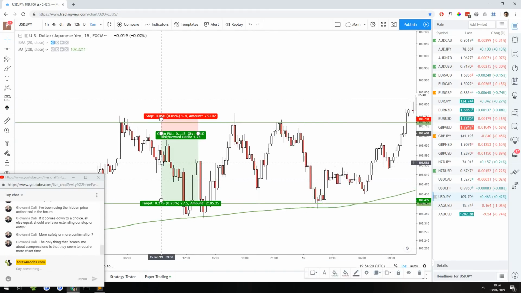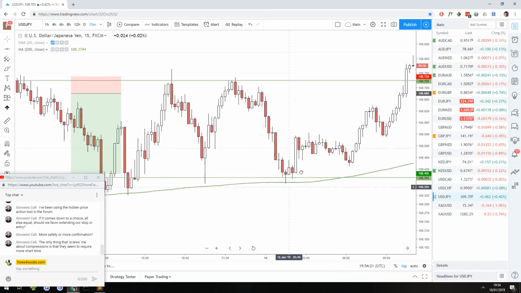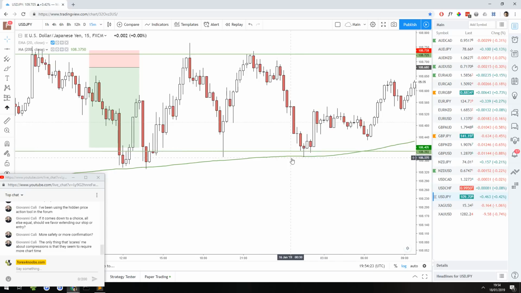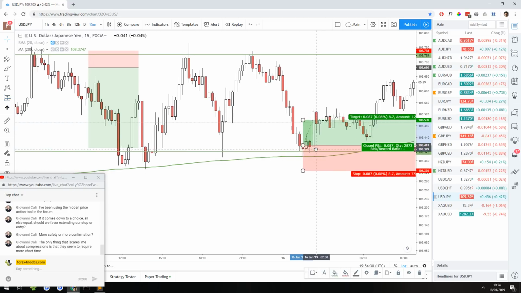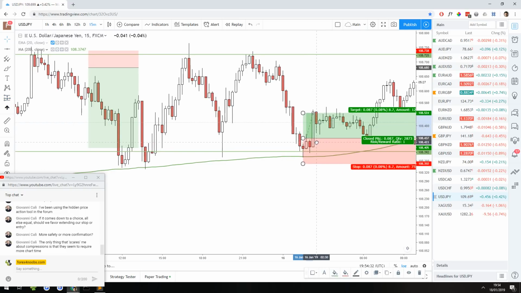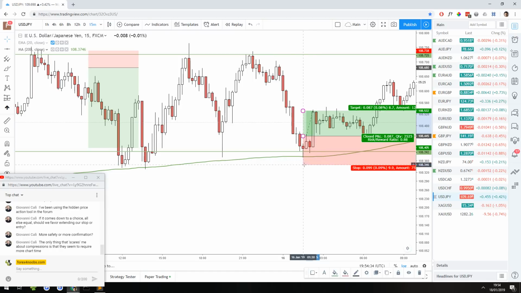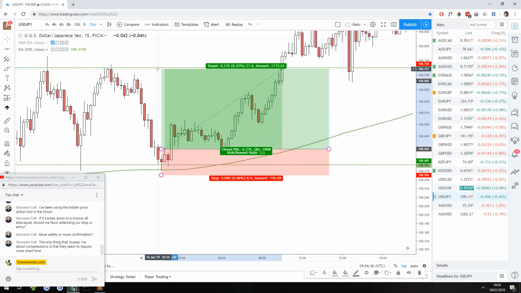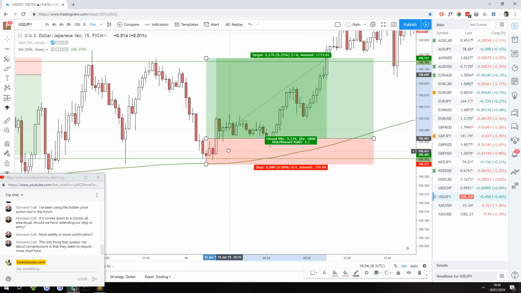I mean, sometimes they just give us a nice normal indecision candle on top of an area of support, like here. That would have been a long trade there on USD JPY. Could have had a pretty wide entry there, pretty wide stop. Even wider entry, really.